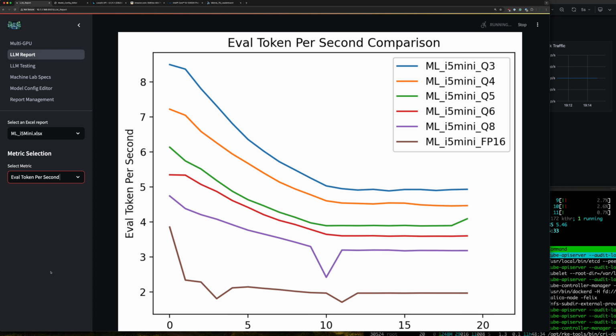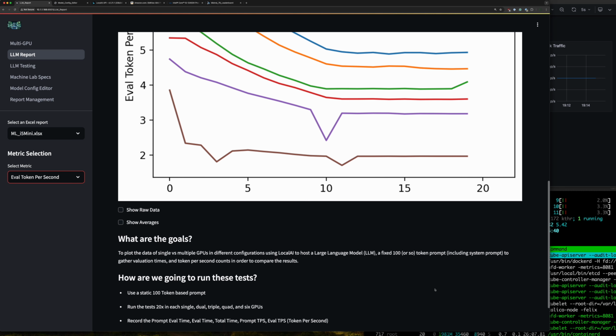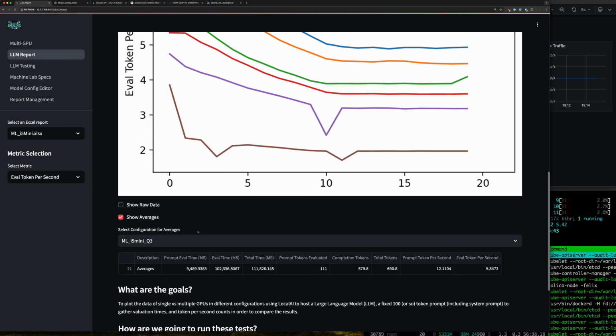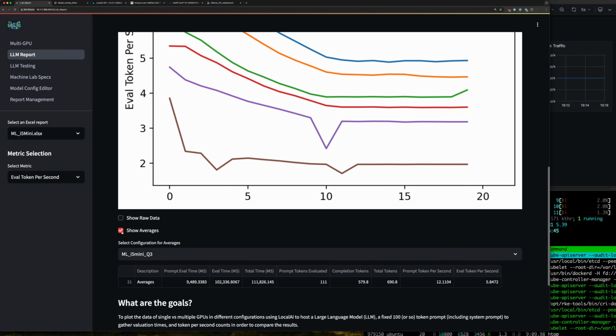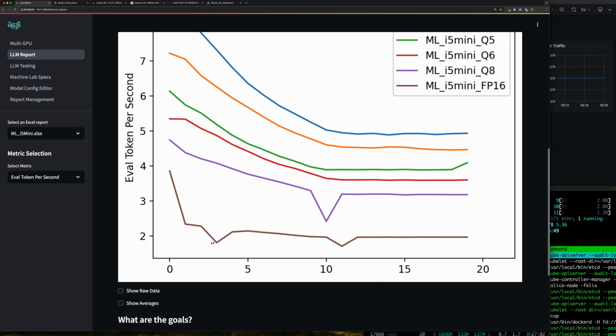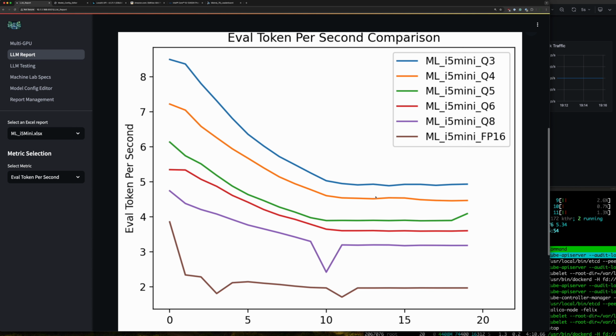Now, what everyone's waiting for is the evaluation tokens per second. This is what everyone judges the speed on. As we can see in brown, let me show the averages down here, just make sure, yep, okay. So in brown is the FP16 down at the bottom, hovering at about just 2 tokens per second.